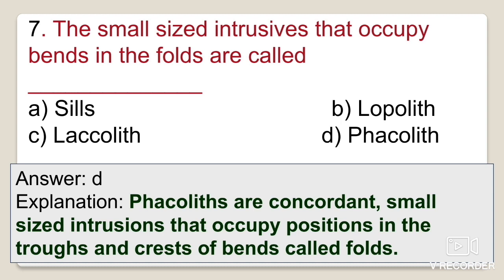Phacoliths are crescent shaped bodies of igneous rocks, and they occupy the crest and the troughs of the folded strata. If you understand the definition, you can pinpoint the keyword, occupy bends in the folded strata, as given in the question itself.